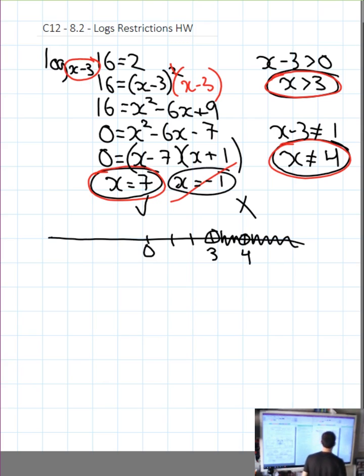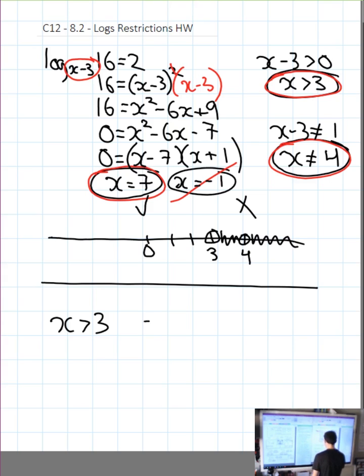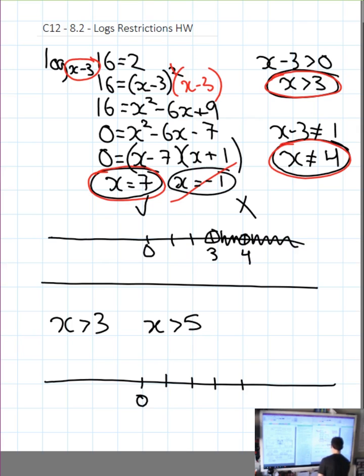A little bit more on restrictions. Let's say x needs to be greater than 3, and x needs to be greater than 5. Well, again, let's think about it on a number line. So if I know that x needs to be greater than 3 and x needs to be greater than 5, well, I know I'm going to be this way. So lots of the times it's easier just to pick an arbitrary value.